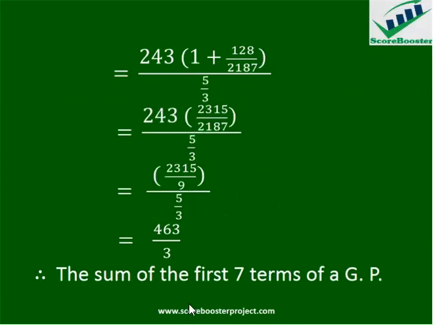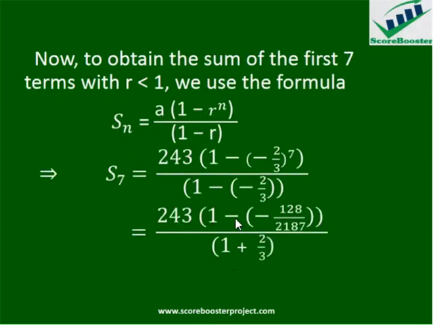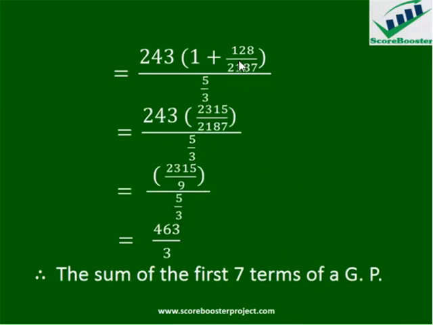So we have 243. Here also minus, we multiply minus, we have plus. So we have 243 multiplied by 1 plus 128 over 2187, all over 1 plus 2 over 3, which gives 5 over 3. So from here we find the LCM of these figures in the bracket. We have 2315 over 2187 multiplied by the first term 243 divided by 5 over 3.